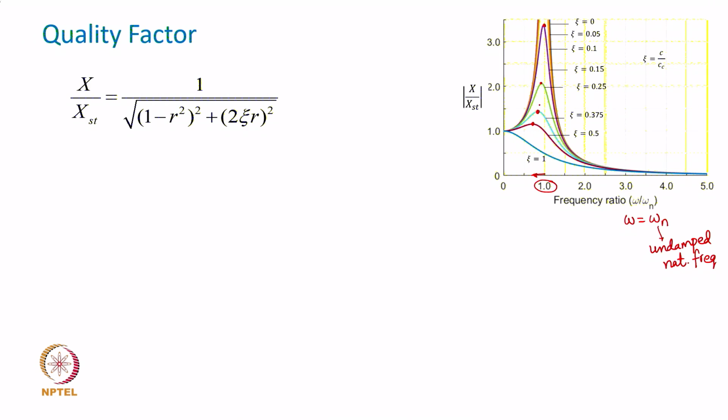Now, how do you find how much this peak value is and at what speed you get that peak value?